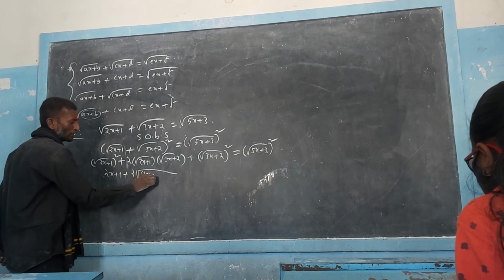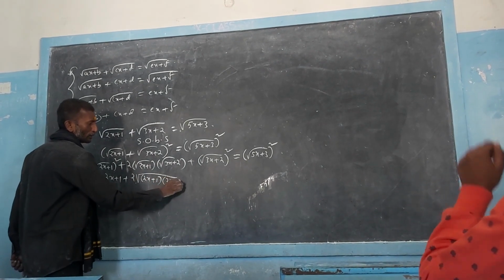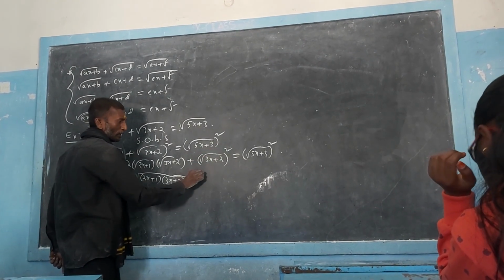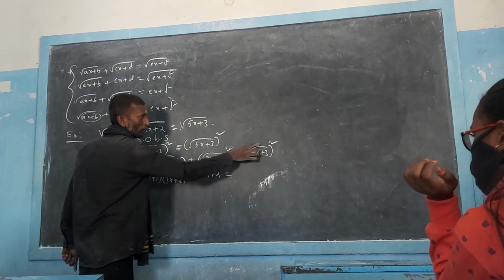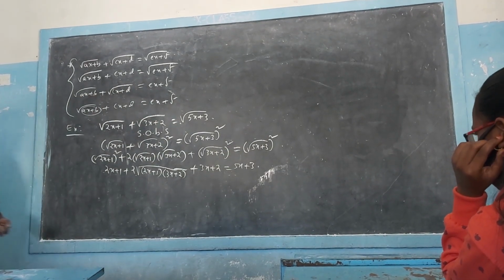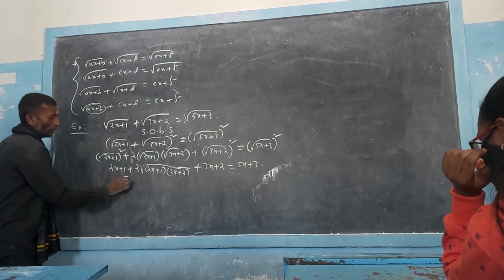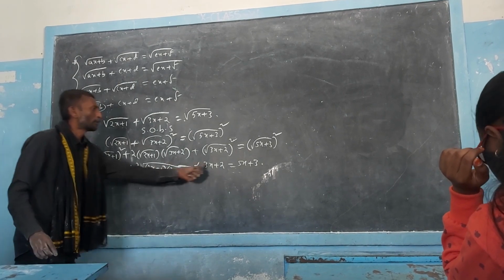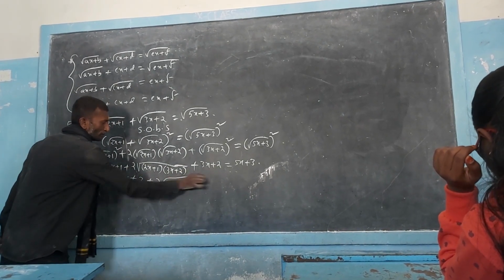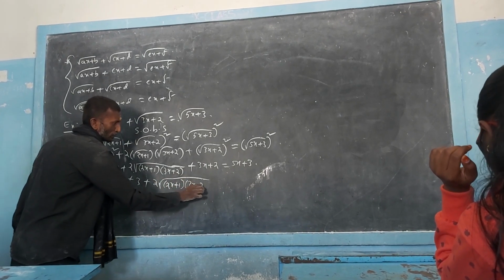So in a single root you can write the square root of 2x plus 1 into 3x plus 2, plus here the square and root get cancelled, so it remains 3x plus 2. This is equal to 5x plus 3. Simplifying the terms, 2x plus 3x is 5x, and 1 plus 2 is 3, plus 2 root of 2x plus 1 into 3x plus 2, equal to 5x plus 3.